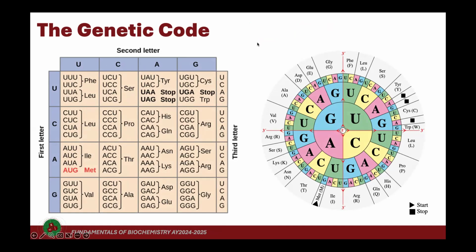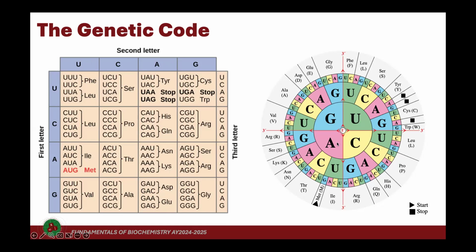So the genetic code can be presented as this table wherein you read the first letter by rows, the second letter by columns, and then the third letter by the line number. Or you can use the genetic code presented in a wheel format.